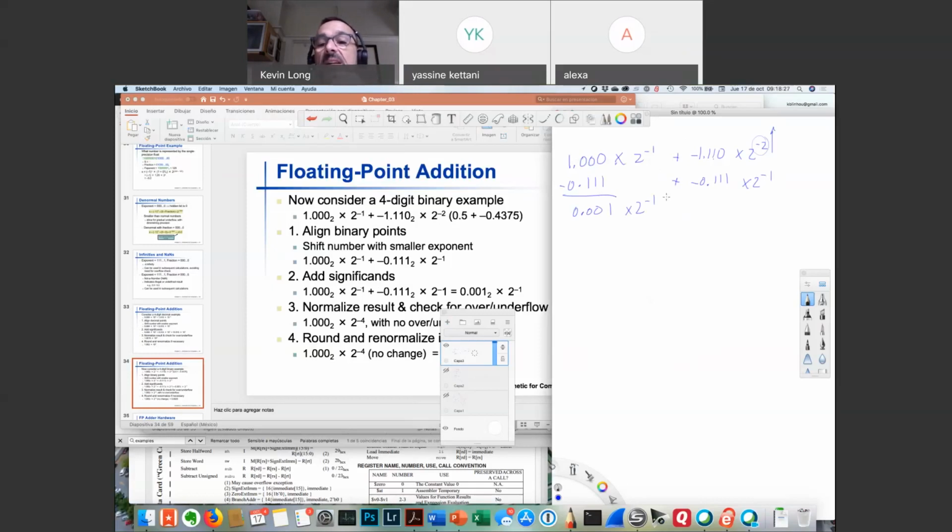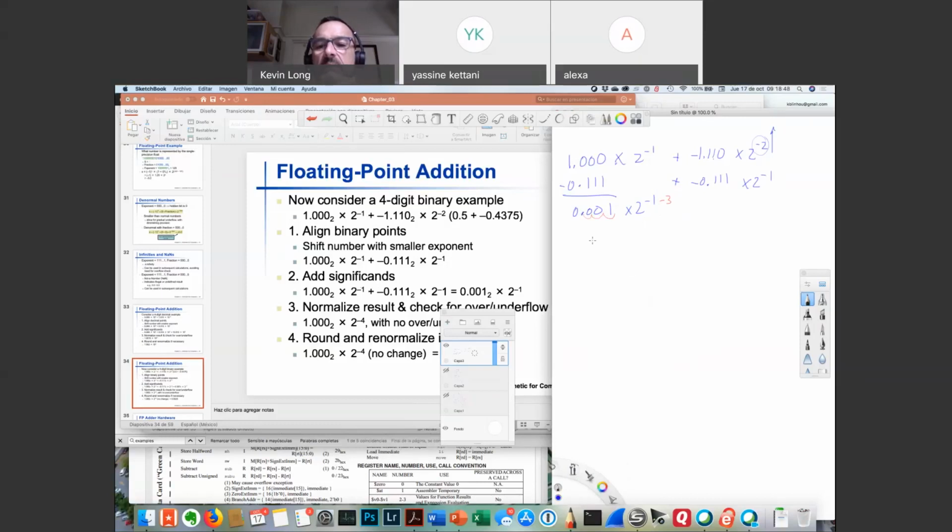That's my answer. Now I need to normalize it. In order to normalize it, I need to have a 1 to the left of the radix point. That's going to require increasing the magnitude of this number by multiplying it by 2 to the third, and I'm going to compensate for it here, subtracting 3.